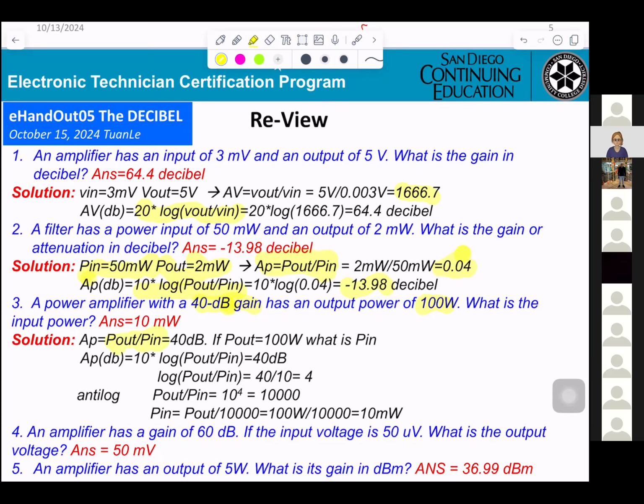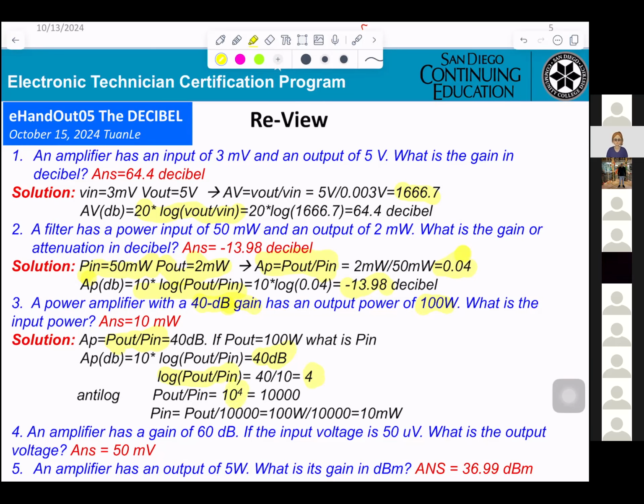So basically A P in dB equals 10 times log of P out over P in equals 40. Anti-log, you take 40 divided by 10, you get 4. P out over P in equals 10 to the power of 4.